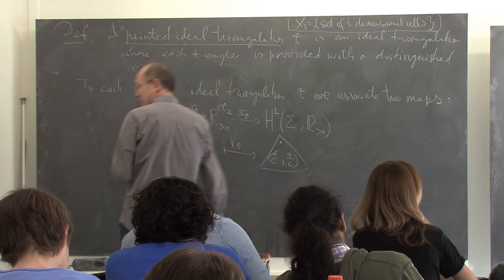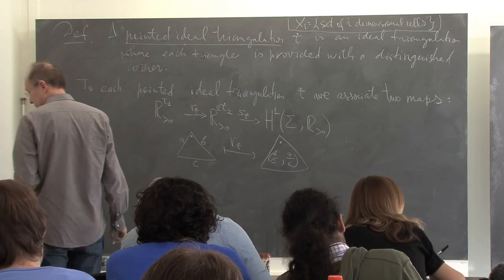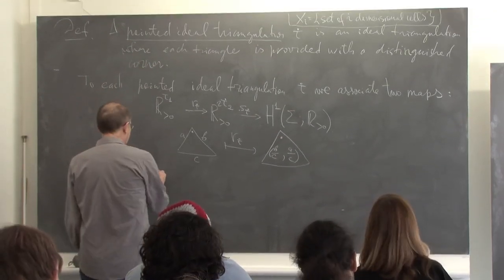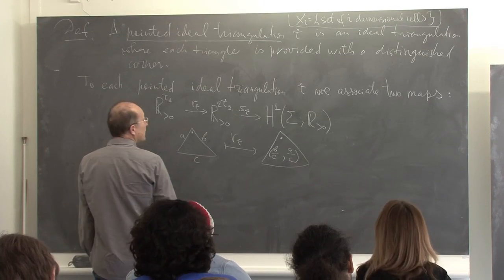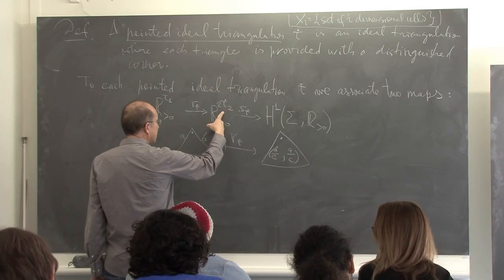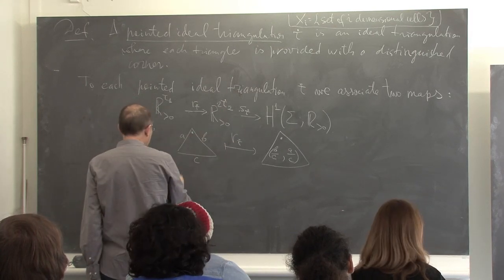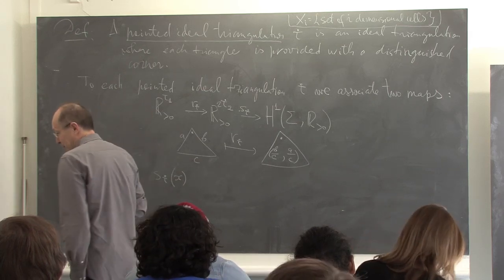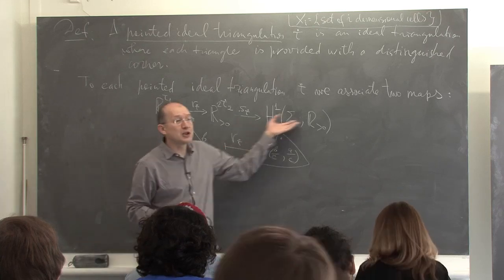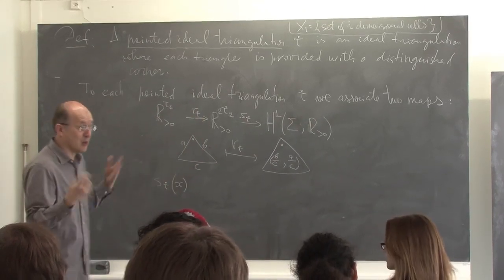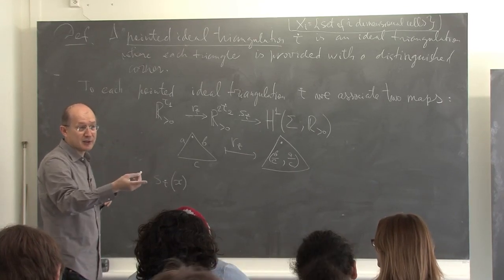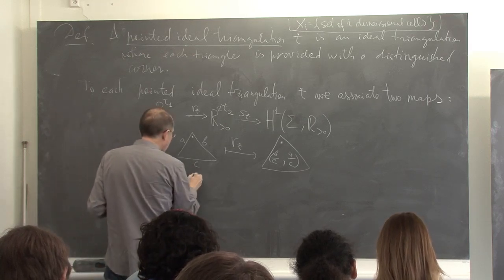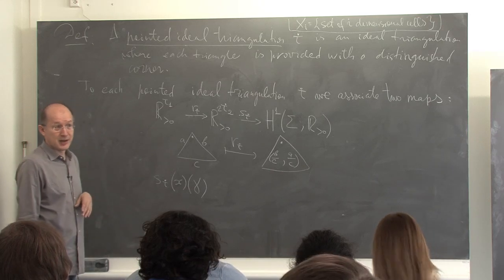That's done. And then for the second map, I do the following. So S tau dot. So what is it? So we have to pick up a function on triangles. So let us call it X. And now this should be a cohomology class. It should correspond to a cohomology class. Cohomology classes are represented by functions on the closed curves. Right? So we put a closed curve as an argument.